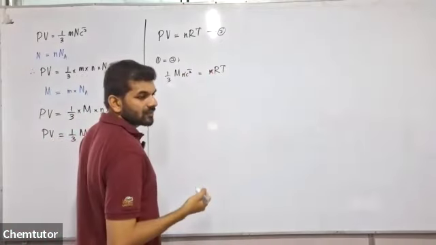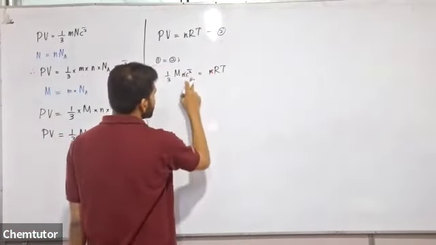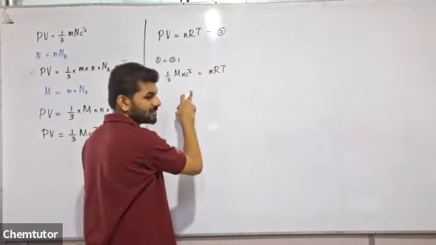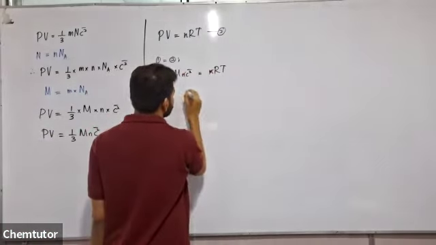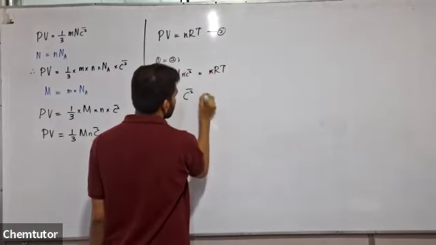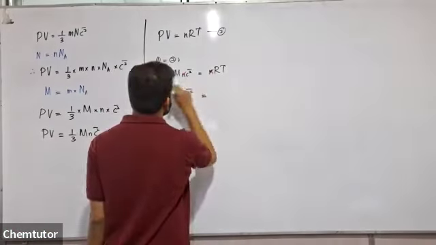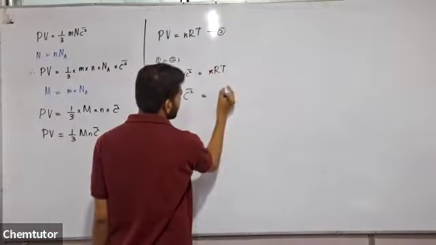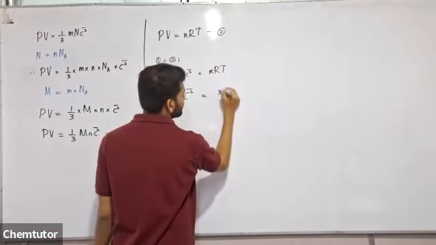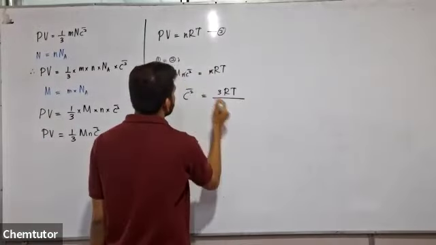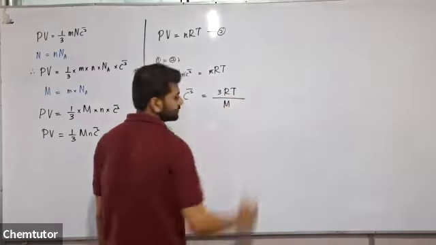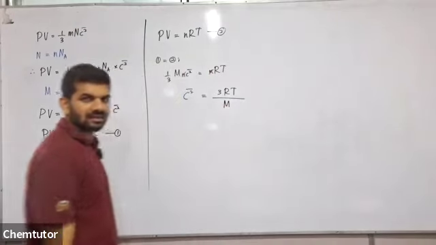So we can make c square bar the subject, because now we are going to express the mean square speed. So c square bar equals 3RT divided by capital M, since when it comes to this side it becomes the numerator. Is it clear?